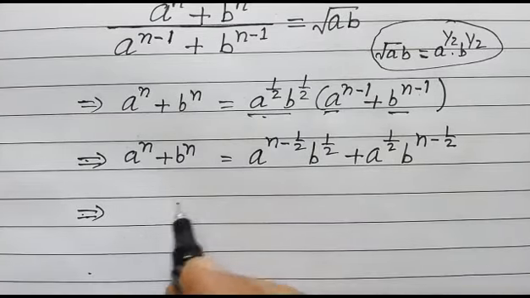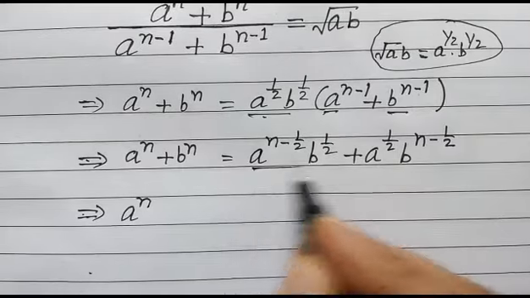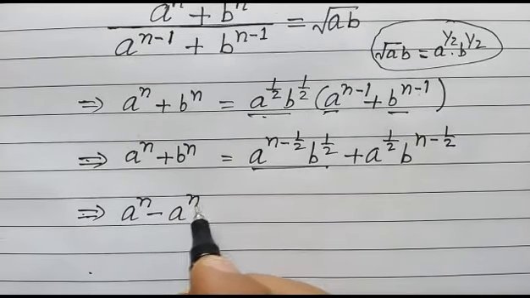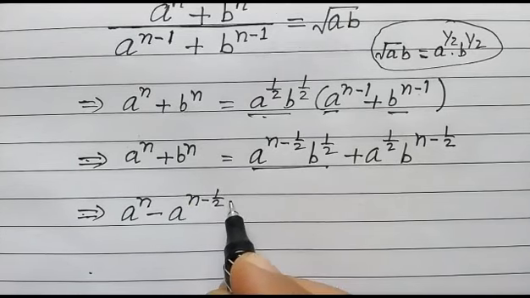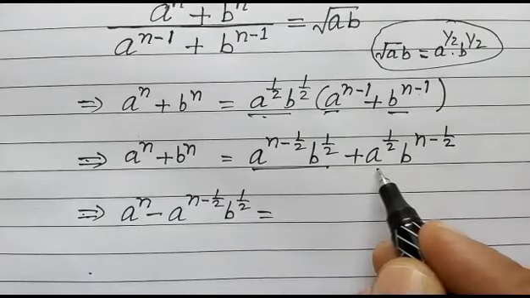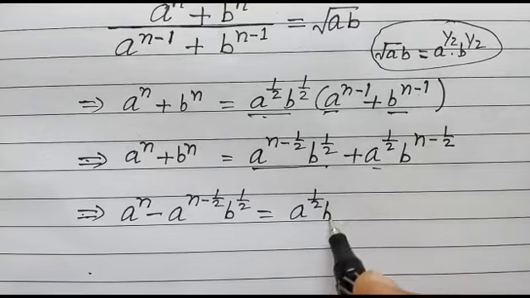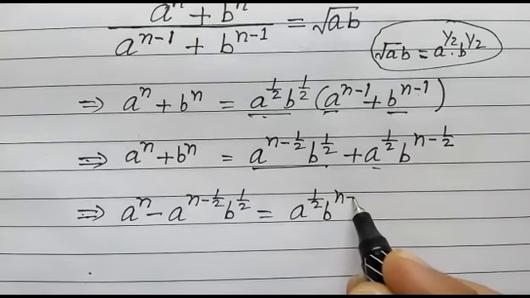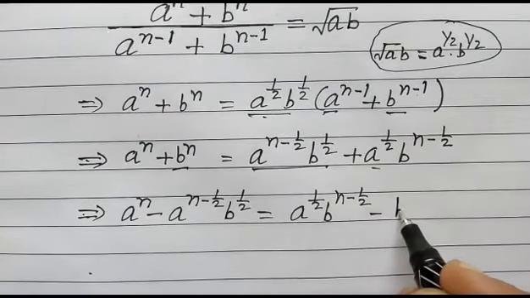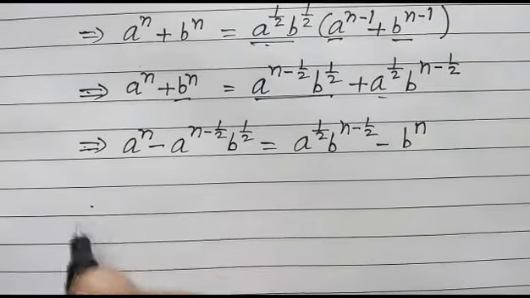If we rearrange this, a^n minus a^(n-1/2) b^(1/2) is equal to a^(1/2) b^(n-1/2) minus b^n.